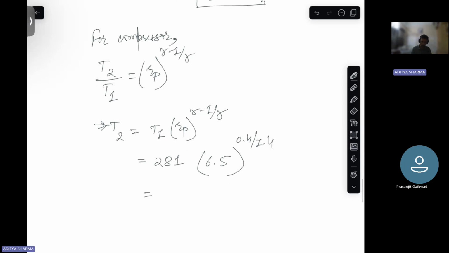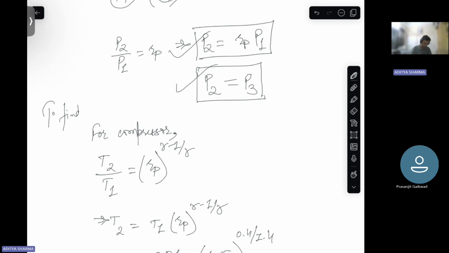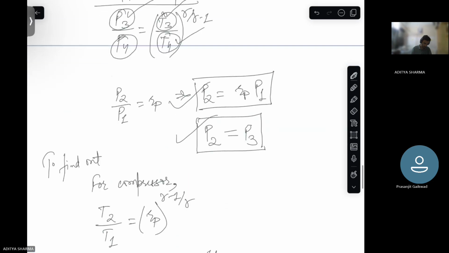So if you solve this, this will come out to be. Please see if the calculation is correct, and if not, just let me know. So all this I'm doing to find out T4.